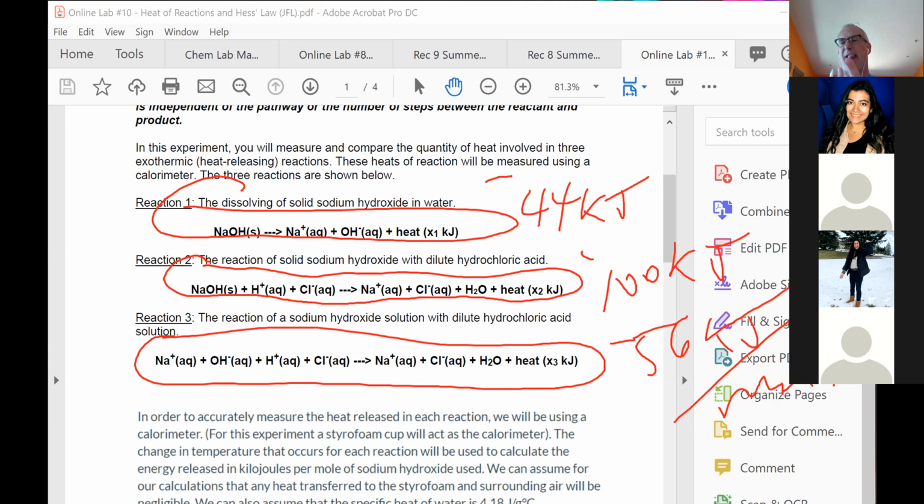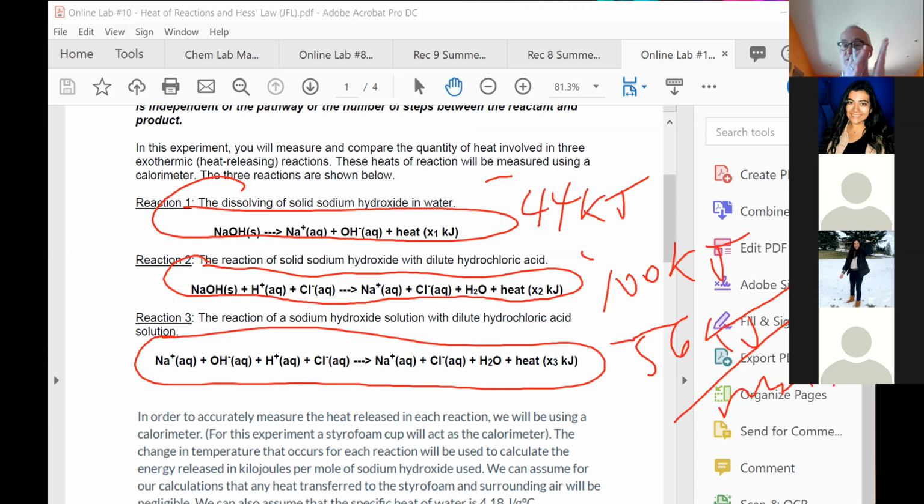We should add 1 and 3 together and get 2. Anyway, so we should take 1 and 3 and add them together and get 2, because that's what Hess's law says is going to happen.